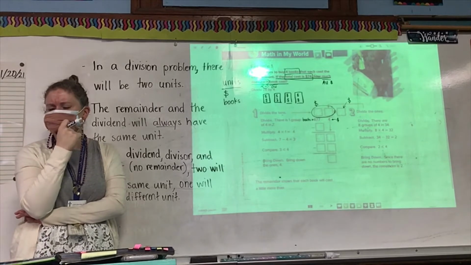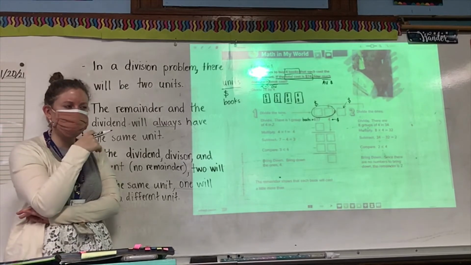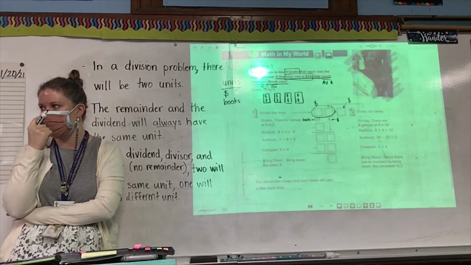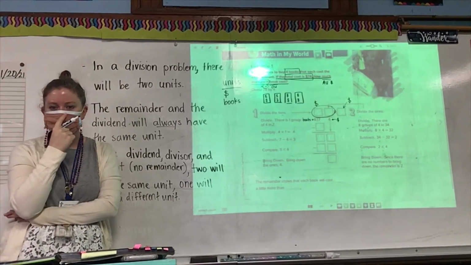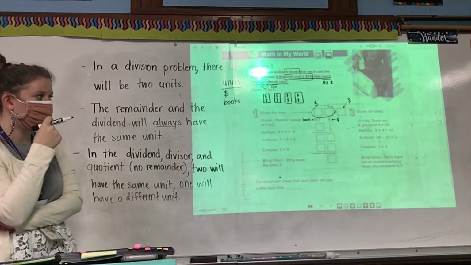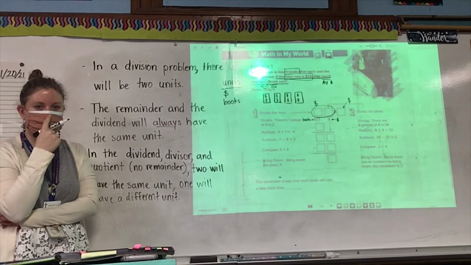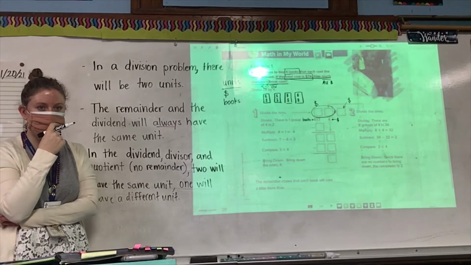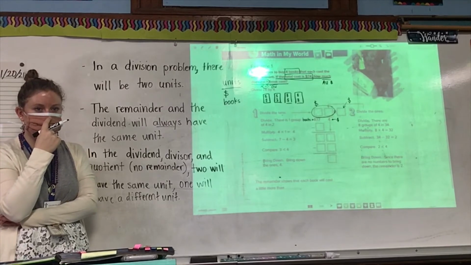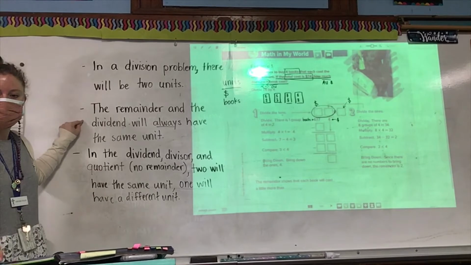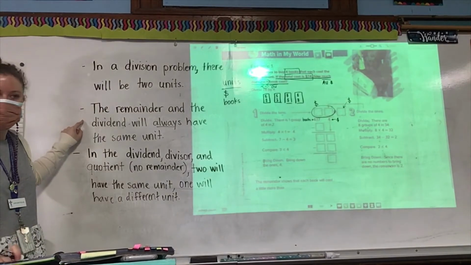Come on, guys. Don't tell me that whole first 10 minutes of this lesson was just me speaking and not meaning anything. Colin? How do you know that the remainder in this problem means money? Because we wrote the remainder and the dividend will always have the same unit. Look at the second piece of the note you made today.